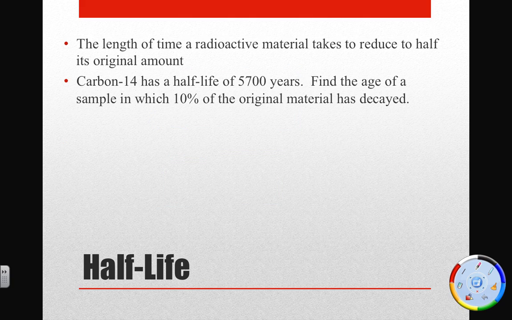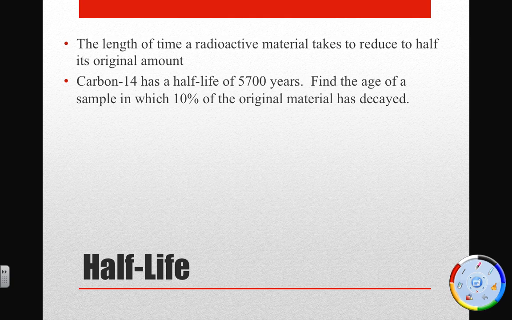What I do have examples for are, first of all, half-life and how we're going to use equations here. Half-life, if you are unfamiliar with it, is the length of time a radioactive material takes to reduce to half its original amount. That's a mouthful. So if you had 1,000 pounds, let's look at carbon-14.